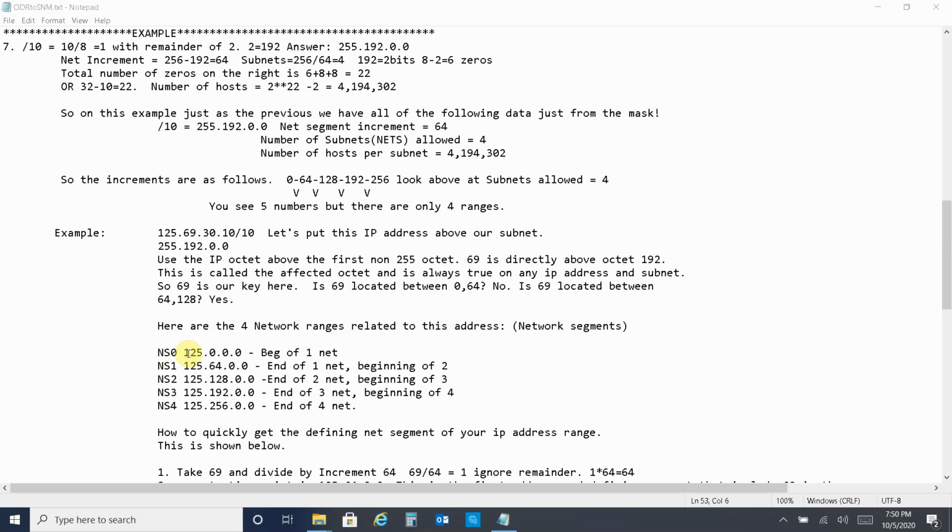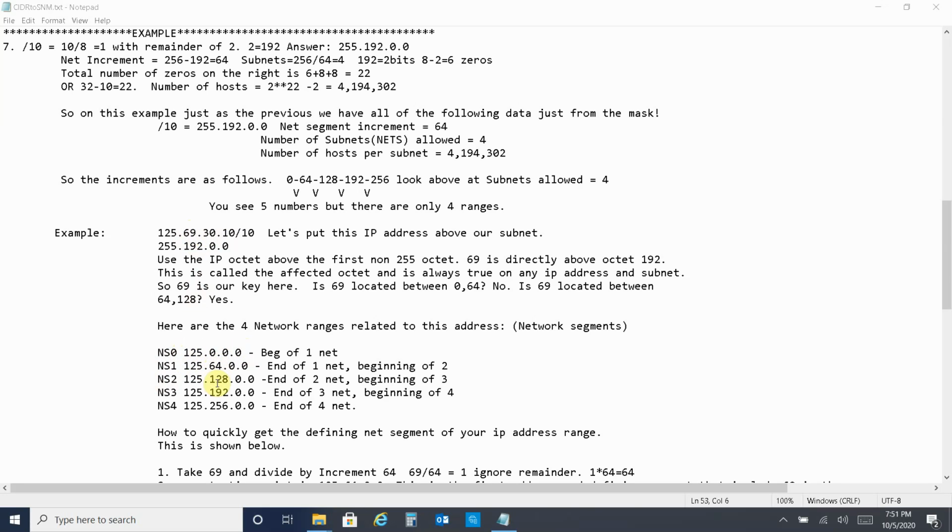So our first one is 125.0.0.0. Remember, this is our active octet. Up here is what we're dealing with now. So that's going to be 0, 0, 0. Always. That's the way it works. From the active octet over, whether you got an A, B, or C network. So we got 125, and then we add 64 to 0, and we got 125.64.